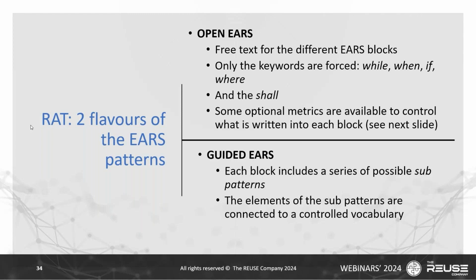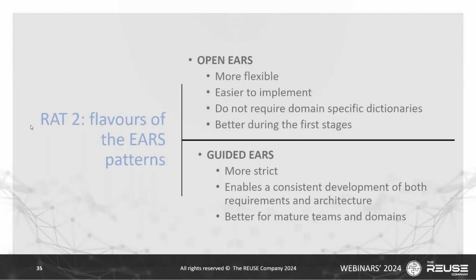So the open ES is not connected to the dictionaries, while the guided ES is following the detailed structure, the detailed sub-patterns, and also is connected to the controlled vocabulary in the project data dictionaries, right? So these are the two different flavors that whenever you download our ES library, you will have both possibilities, and you can swap from one to the other whenever you wish.